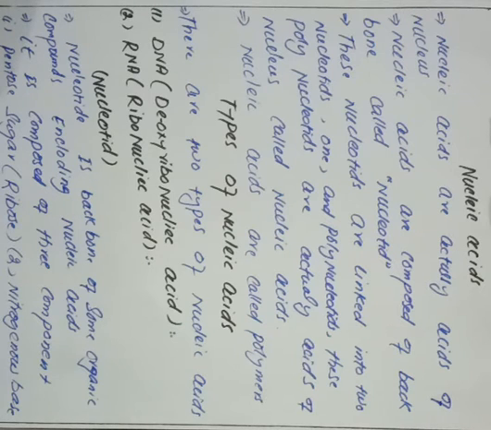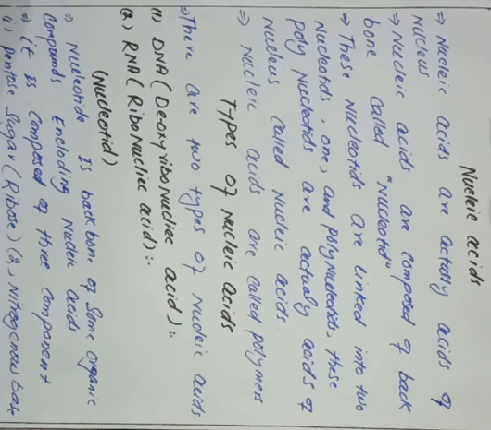If they are joined in the form of polynucleotide, then these polynucleotides are the acids of nucleus, nucleic acids. Dinucleotide and mononucleotide are not nucleic acids, but polynucleotide are nucleic acids. These are other substances that we discuss in next lectures.